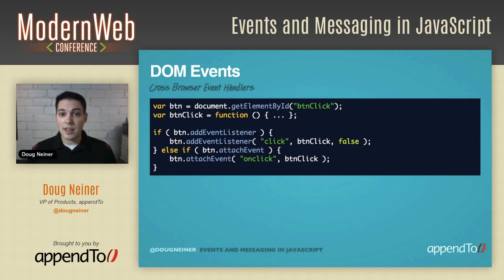The context, the this inside of that callback on attachEvent, is not equal to the element like you might be used to. That doesn't get a parameter with the event. That's available in window.event. So there's a number of changes, which is why most of the time if you're handling those older browsers, using a DOM abstraction library like jQuery makes a lot of sense, or something that does the same amount.